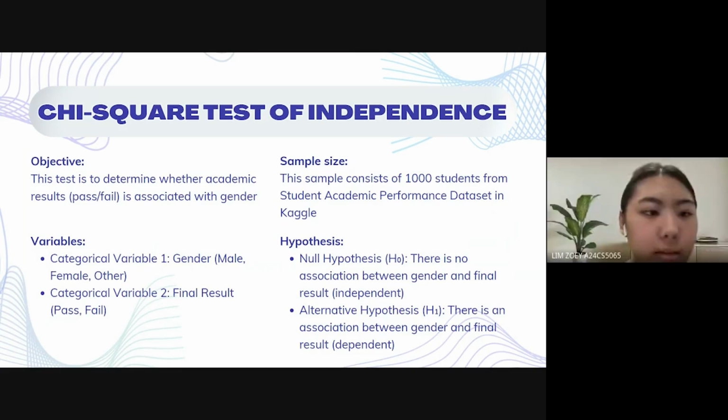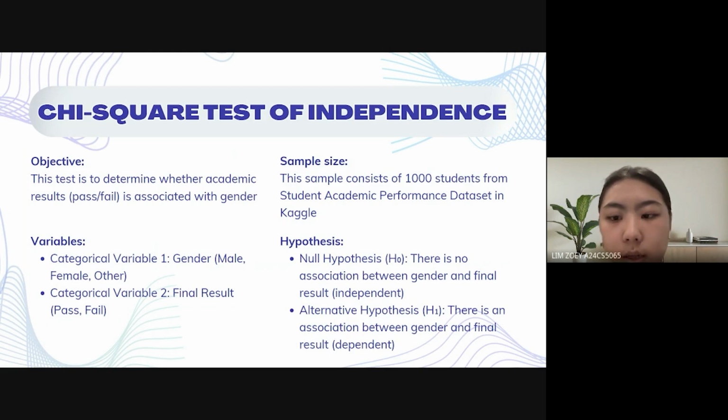Now I'll present the last test, which is the chi-square test of independence. Our objective is to determine whether the academic result, pass or fail, is associated with gender. So there are two variables: gender, for example male, female, or other, and the second variable is final result, which is pass or fail.